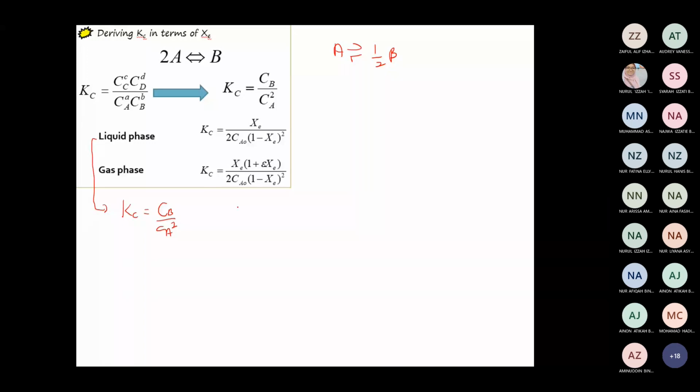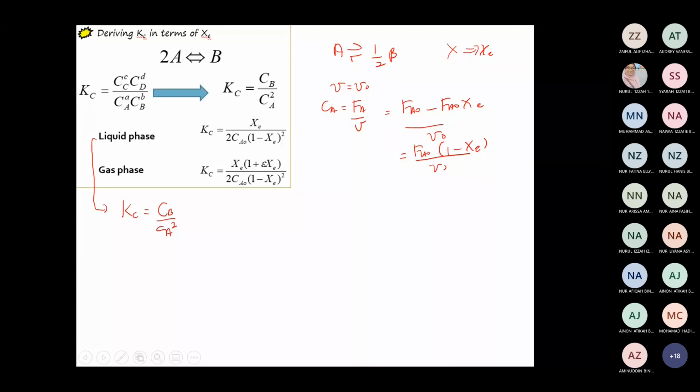Okay, so CA here is equal to FA over V. Okay, sekarang ni dia adalah constant, alright, constant flow. Okay, which is V akan equal to V naught. Okay, so daripada sini is equal to FA naught minus FA naught. Okay, now remember X sini dah tak ada X biasa, dia kena jadi XE. Okay, so this one times XE over V naught. Okay, so at the end it become FA naught over V naught times 1 minus XE. Okay, alright.